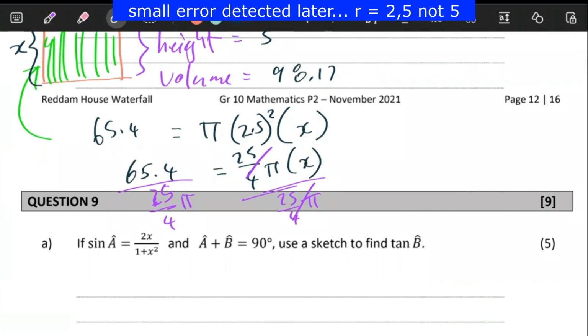Let's see what that gives us. It's going to give us 3.3. X is equal to 3.3. And then you can say therefore height is equal to 3.3. Okay, let's move on to the next question.